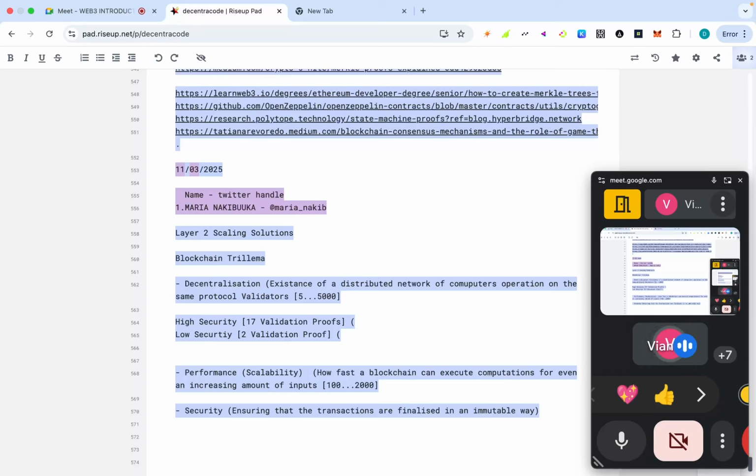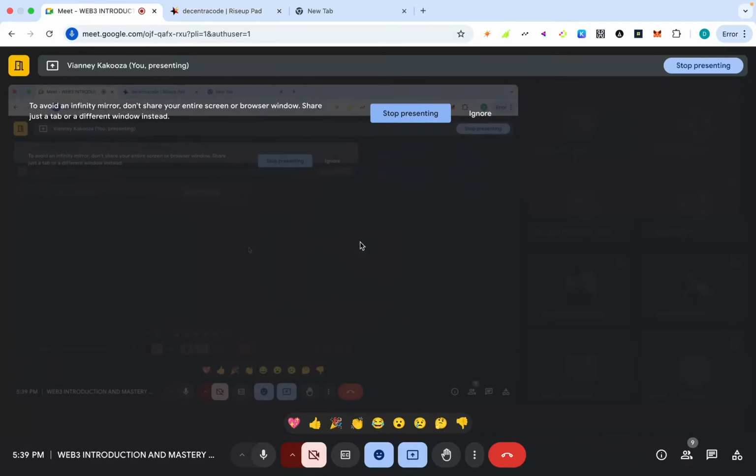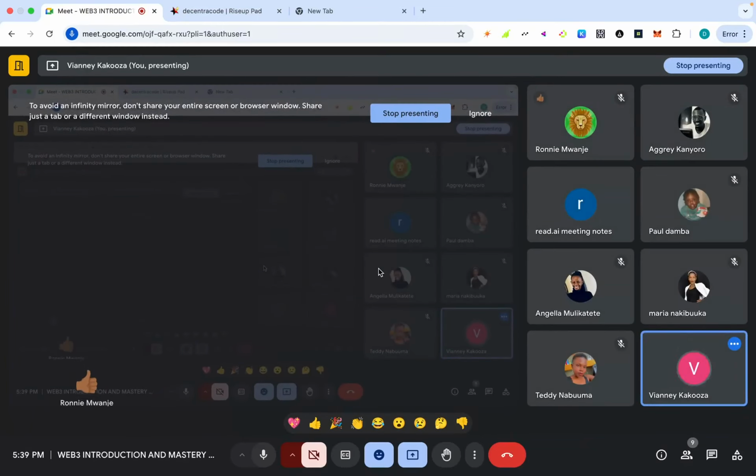There's one I'm particularly trying to get into running. It's called LivePeer. What it does is simply transcoding videos, and it's actually a DPIN. I don't know if you know what DPINs are. Does anyone know what a DPIN is? Mwanje, please tell us, what is a DPIN?